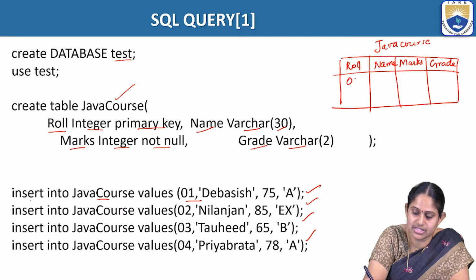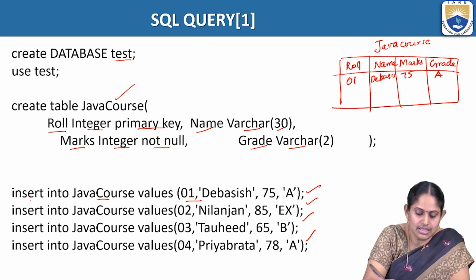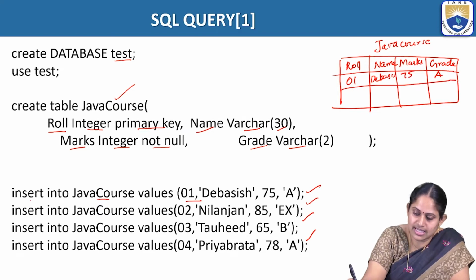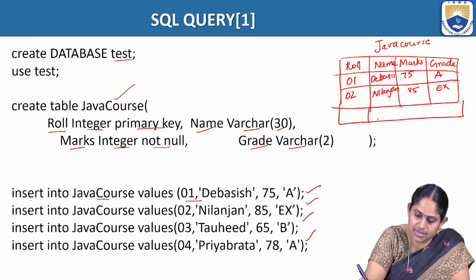After executing the first statement, you get this. Then after inserting the second row, we get this. After inserting the third statement, we get this. And the fourth statement inserts the 4th row.